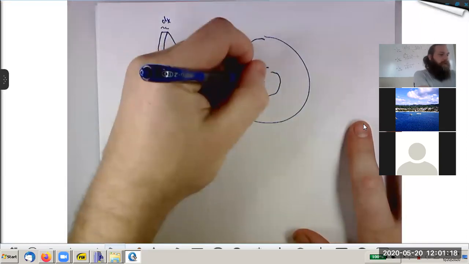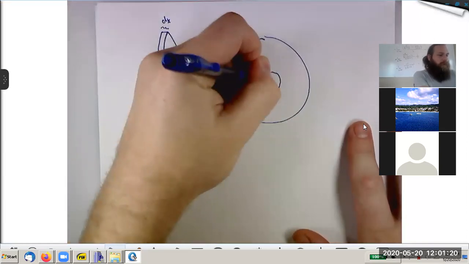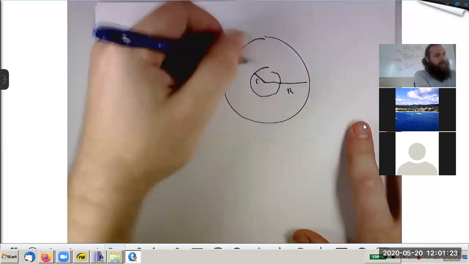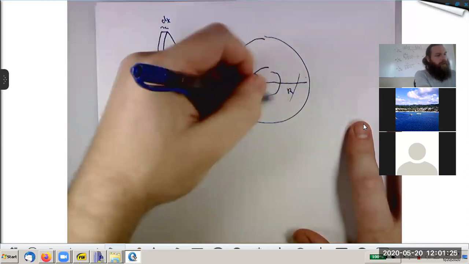So here's little r. If I'm looking straight on, here's little r, and here's big R. What is the area here?